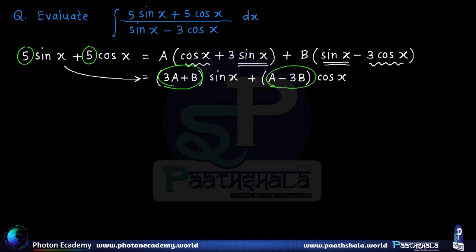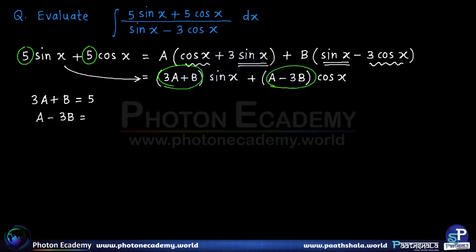So equating the coefficients of sin x, we get 3a plus b is equal to 5, and similarly a minus 3b is also equal to 5, and we have to solve these two equations simultaneously, and we will get the value of a as 2 and the value of b as minus 1.